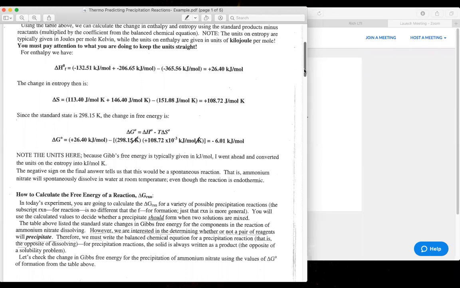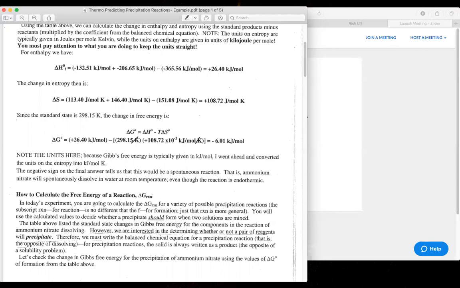Suppose we have something else, such as calcium hydroxide. So we have calcium, aqueous, plus hydroxide, aqueous, and the product. Will it form calcium hydroxide? We have 2 here. The key thing is you should balance the equation.